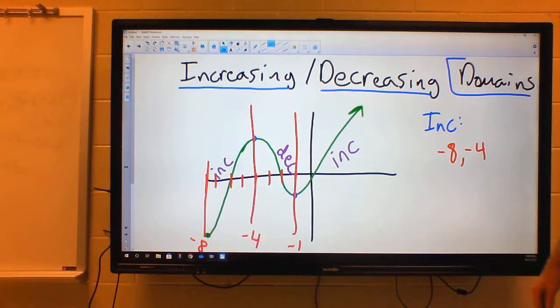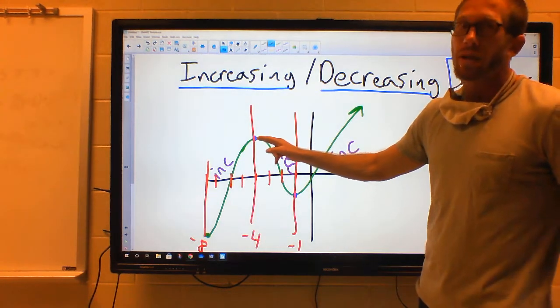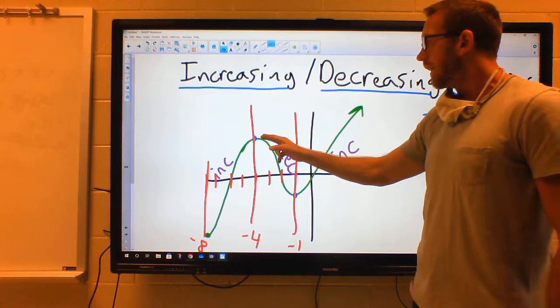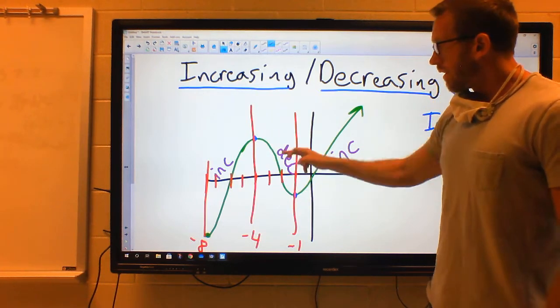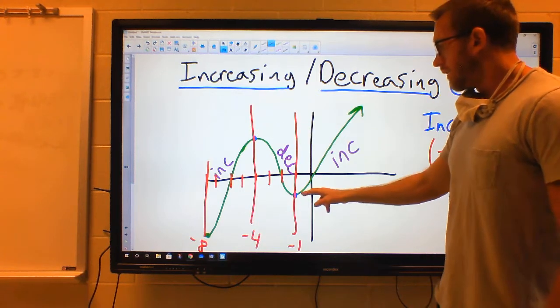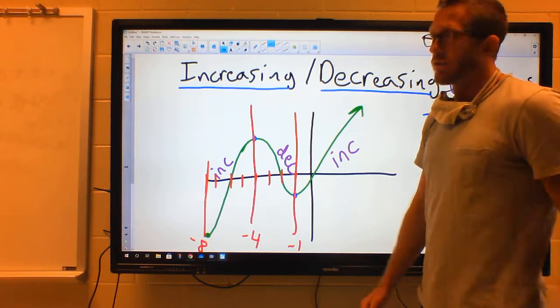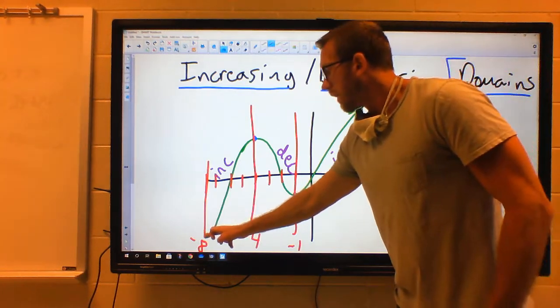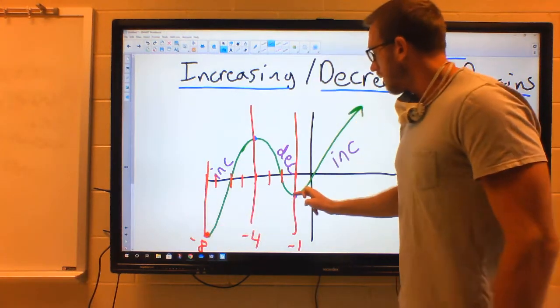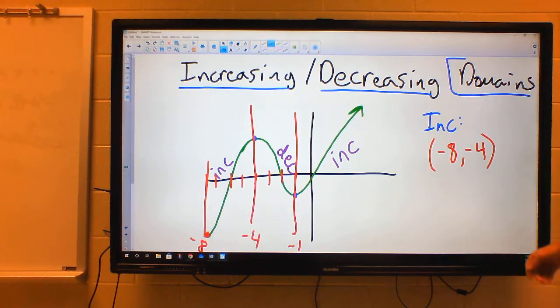For our increasing and decreasing regions, we're always using parentheses because at the tops of mountains, we're not going up anymore, so we can't include that as an increasing value. We're also not going down yet at the top of the mountain, okay? Just like we're not going up or down. At that point, we're kind of paused for a split second. So we don't include this point, this point, this point, or infinity ever in our increasing, decreasing sets, okay?